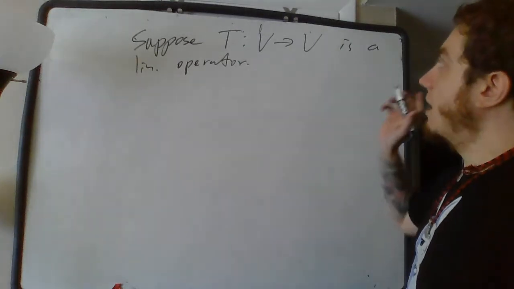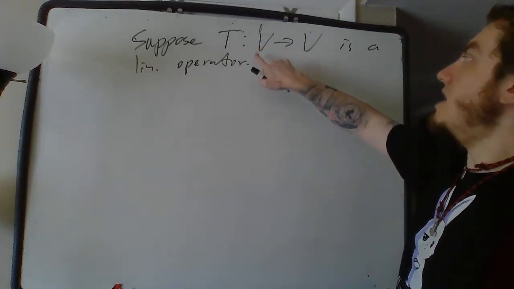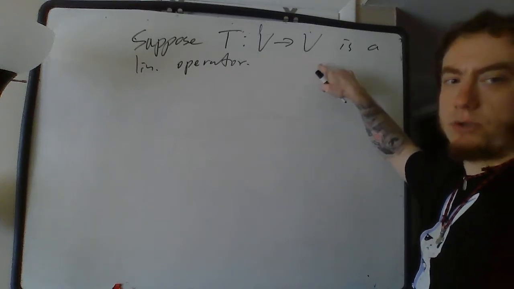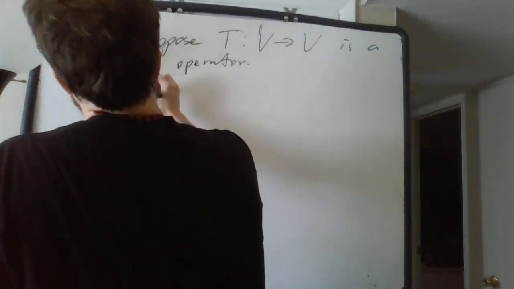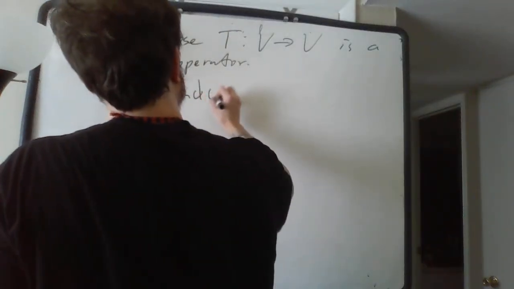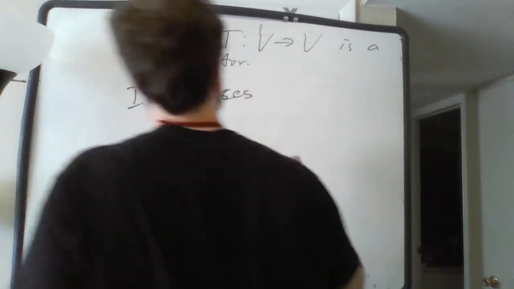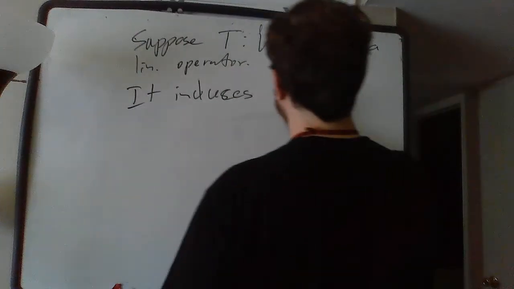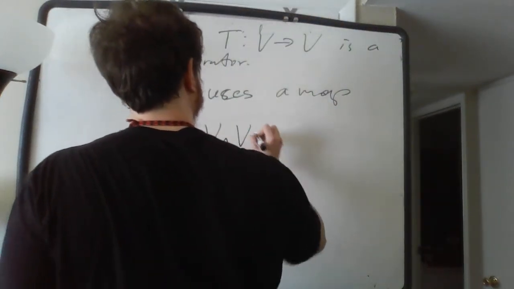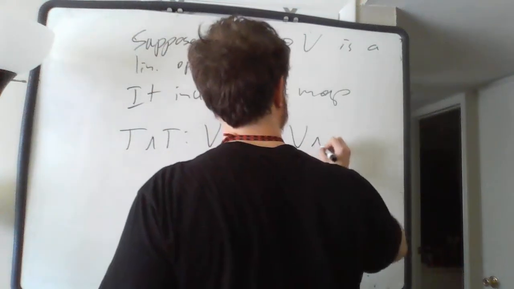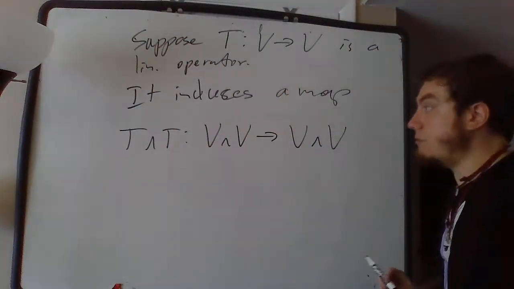Now, I claim that we can use T. T is not just a linear operator from V to V. It induces a map, T wedge T, taking V wedge V to V wedge V. And how does it do this?